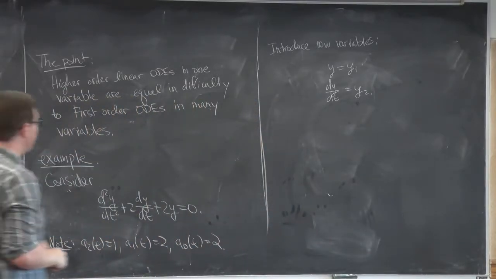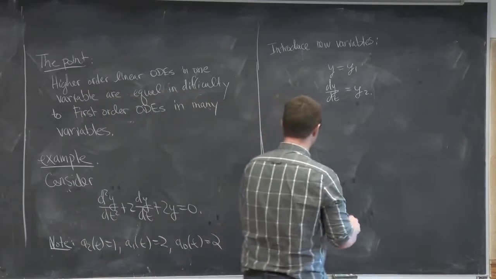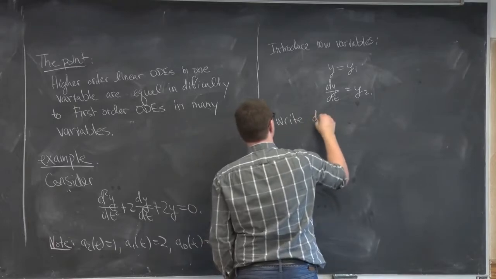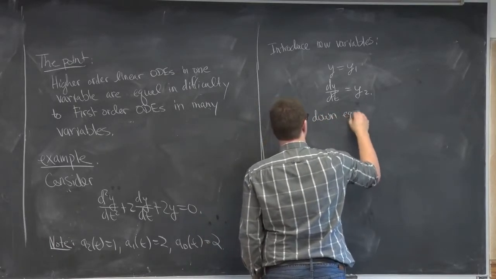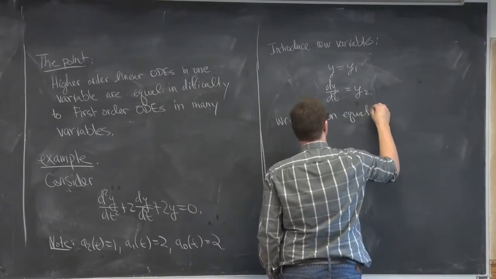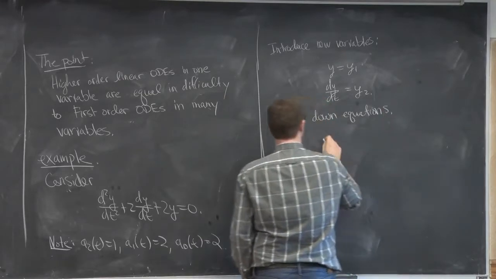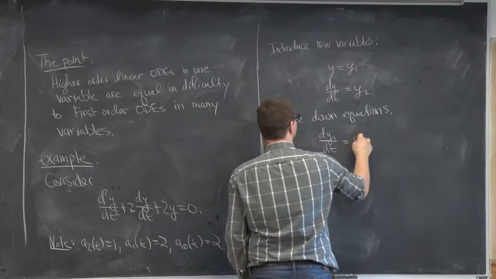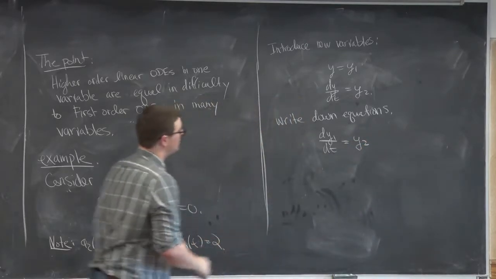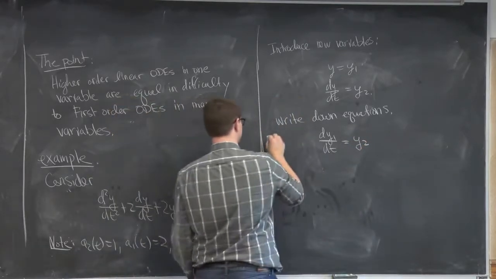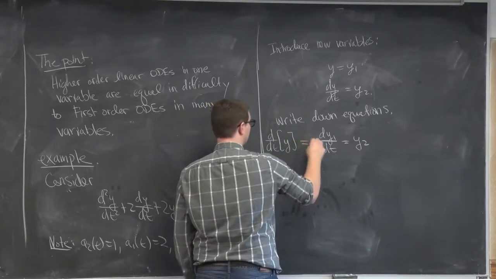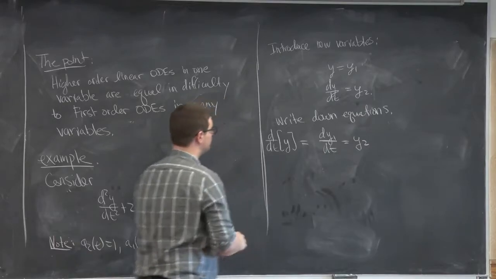Okay? So now we can write down the differential equations. Okay? So dy1/dt, so this was y2, right? Because this is just really d/dt of y. And that's what we called this thing.